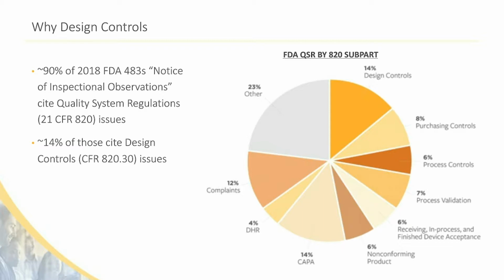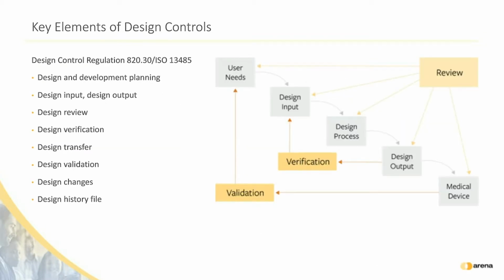Let's overview briefly the elements of design controls. Design controls start at the beginning of the product concept stage through to production and ongoing improvements, the complete product development cycle. Planning is the first element in the design control process. The plan, like all plans, includes the activities, dates, and responsible people.